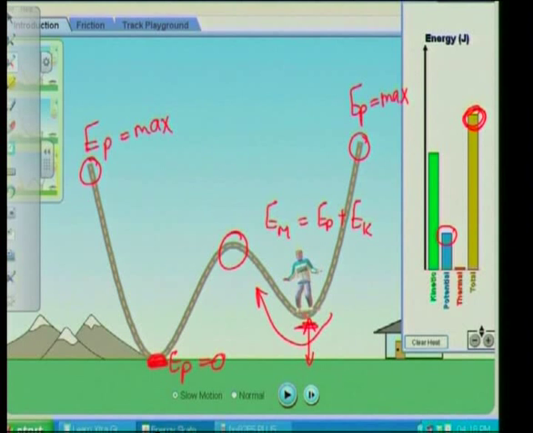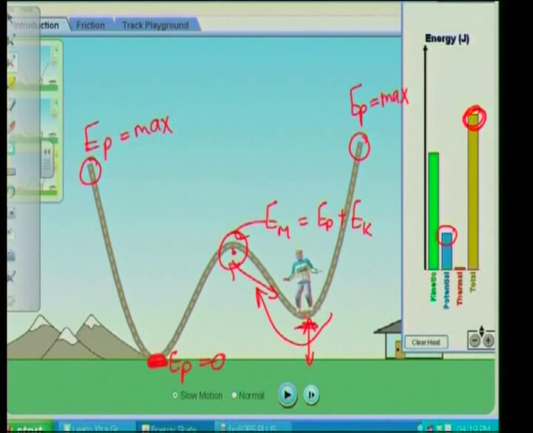Over here, potential is not at a maximum. It's still my kinetic and my potential together. He's probably going a little bit slower here, so his kinetic will be a bit smaller, but his potential will be higher compared to that point.